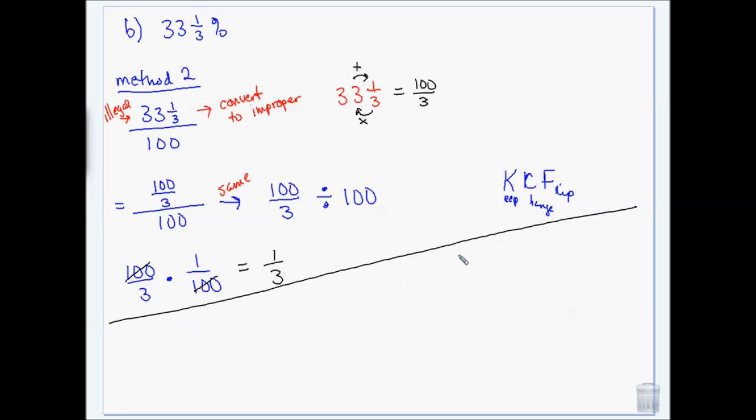Let's look at method 1, which is to convert it to a decimal first. Okay, 33 1/3%. To convert to a decimal, I first need to turn 1/3 into a decimal.